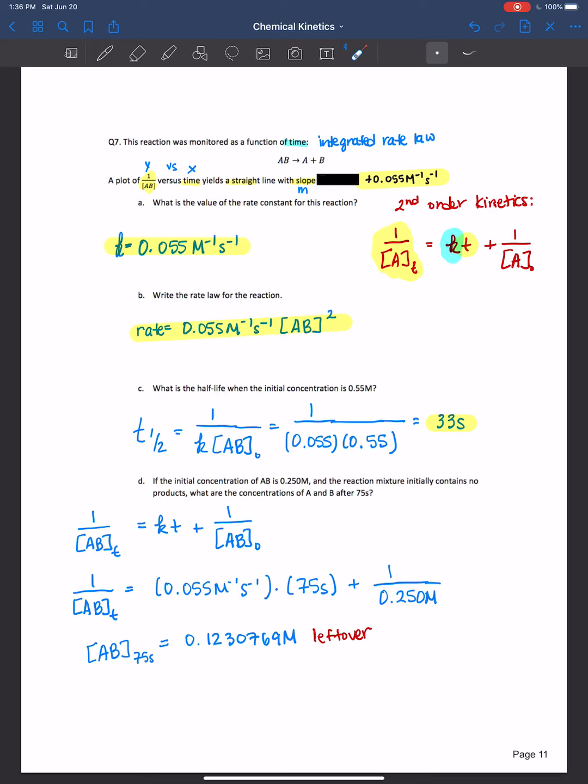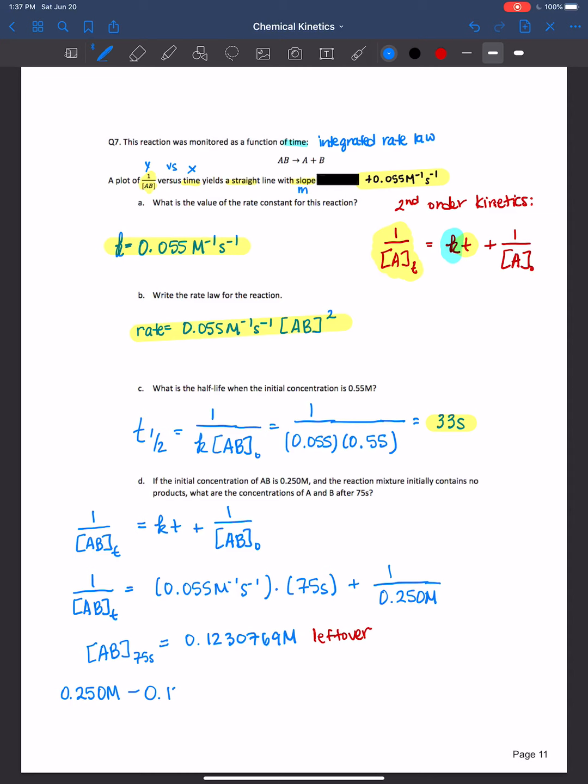Now, I need to know how much is consumed, because what is consumed must be converted into products. And I can use stoichiometry to help me solve for the concentration of products at 75 seconds. So in order to determine how much is consumed, I'm going to subtract what is left over from what I put into my beaker. I put into my beaker 0.25 molar of the reactant.